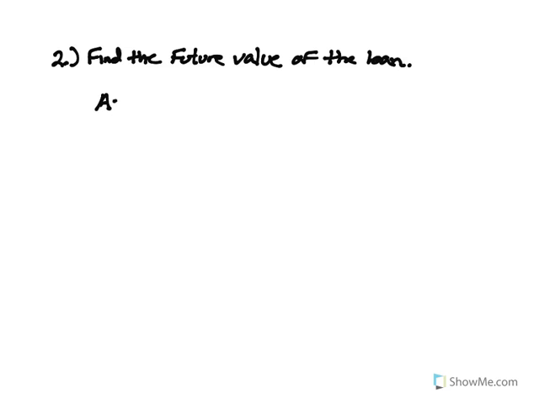All right, the next thing that we want to do is find the future value of the loan. In order to do that, we're going to use the future value formula. You remember, A equals P times 1 plus RT.